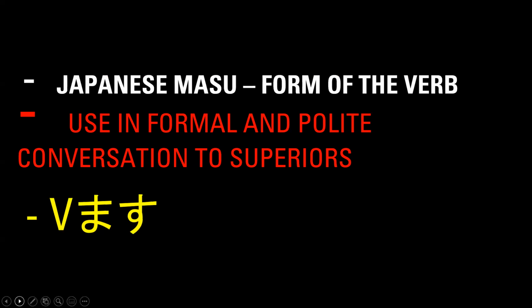You have also the keigo, which is a very polite form of speech that we use for customers. And we have less formal or less polite, pero it's some sort of polite pa rin siya, which is the use of masu form. So we commonly use this for superiors, no, or our parents or our elders.